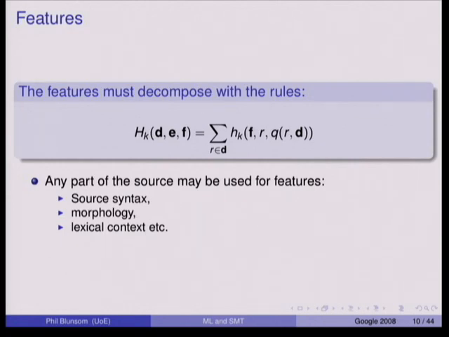So for every rule application, we can use features from any part of the source, any part of the rule that we're applying, and finally this function Q that I'll get to in a moment, which will give us non-local features. So the first two, the source and the rule, can give us a large selection of powerful features. We can model syntax from the source of the sentence. We could have multiple syntax annotations, dependency trees, and we could incorporate features over all of these things.